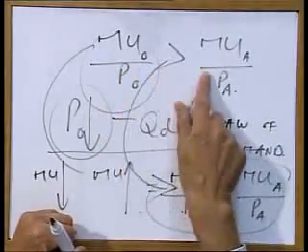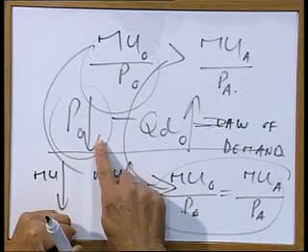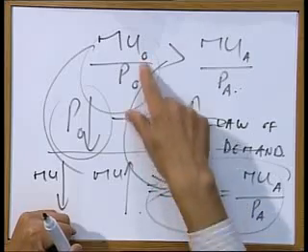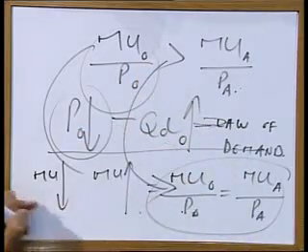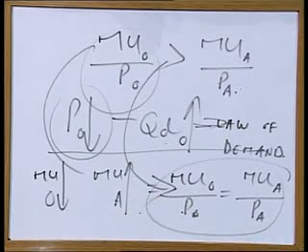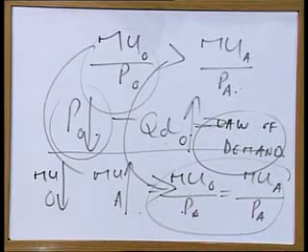Here the consumer is not in equilibrium, so he is trying to restore equilibrium. The price has decreased, and because of the price decrease, you will demand more oranges. Marginal utility of oranges comes down, marginal utility of apples increases, and in the end equilibrium is restored. But in that whole process, we have proved that this is consistent with the law of demand. And that concludes this video session.